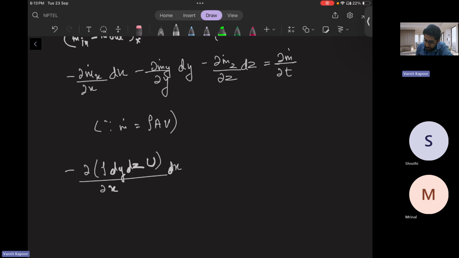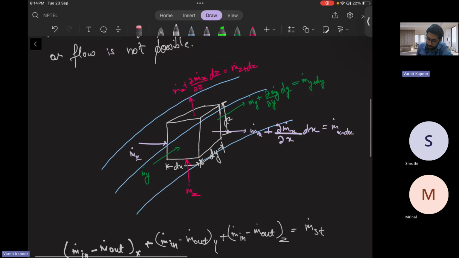Then similarly for each direction, you can write ∂/∂y of rho. What will the area be in the y direction?